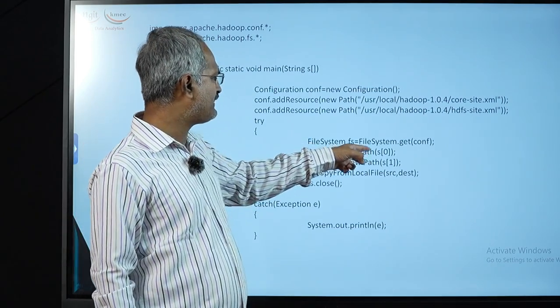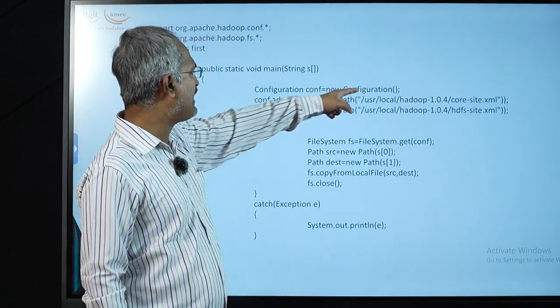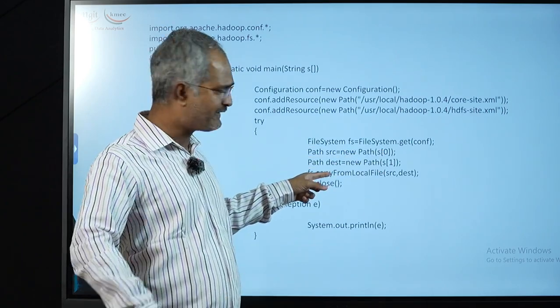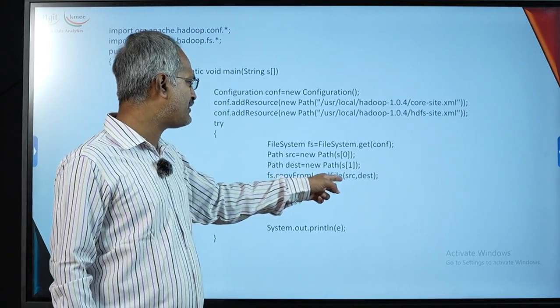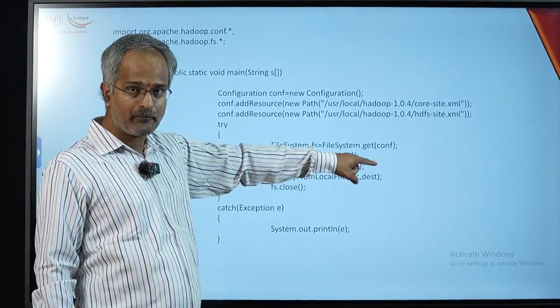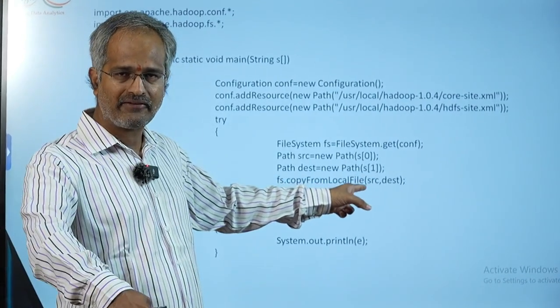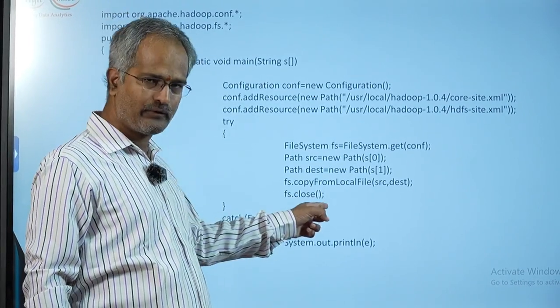And FileSystem fs = FileSystem.get(conf). Already we have created that. And Path src, as we already discussed, source and destination. And then fs.copyFromLocalFile(src, dst). Here the source is the local file system, the destination is HDFS, and we are closing the file system.